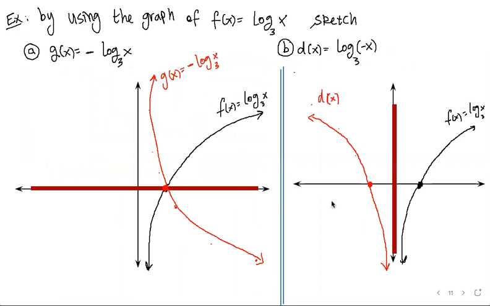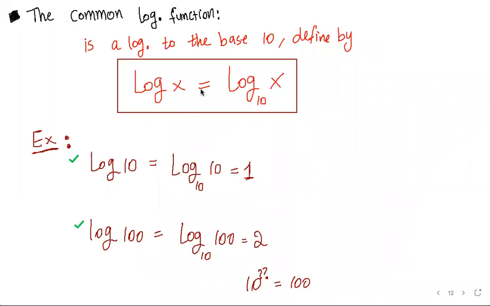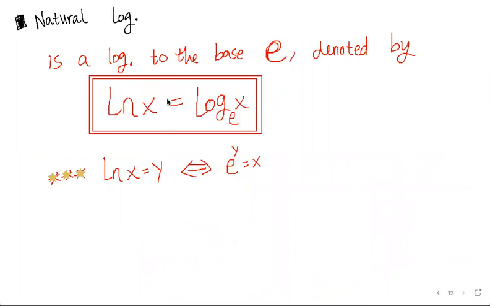Any question for the graph too? So the common logarithm is the logarithm to the base 10. The natural logarithm is the logarithm to the base e. It's called ln. Is it clear?